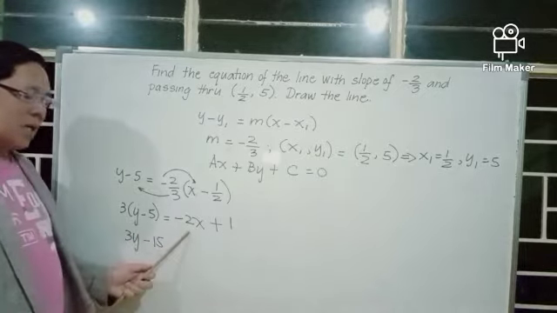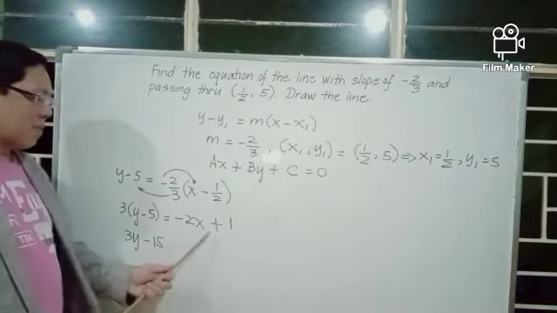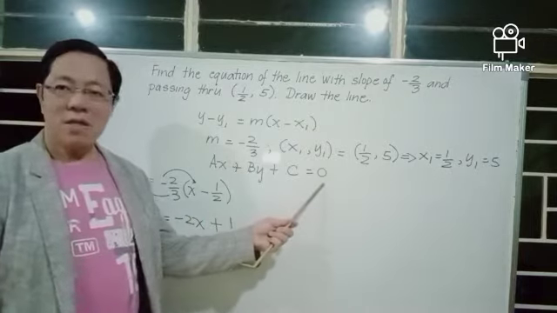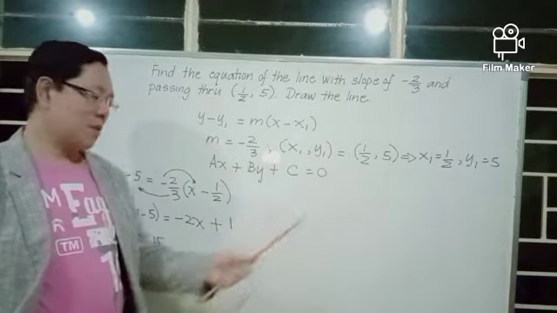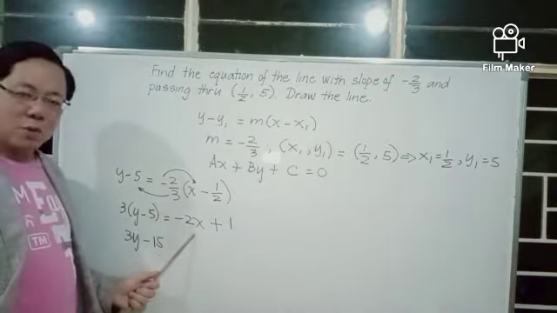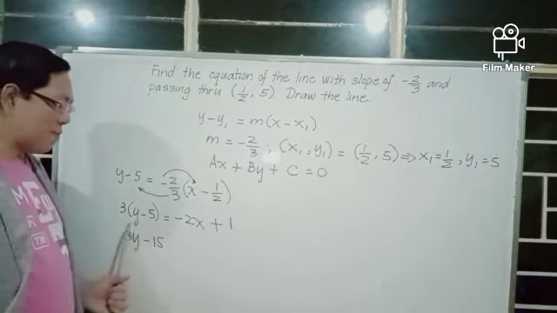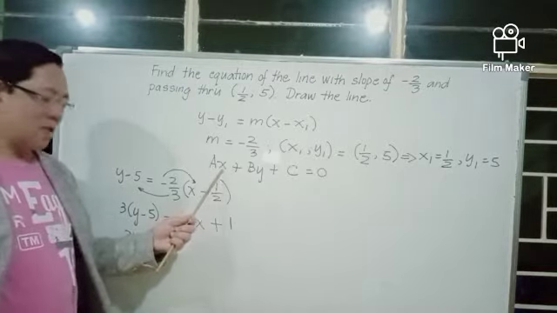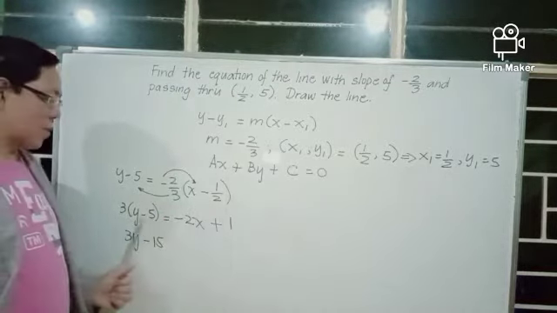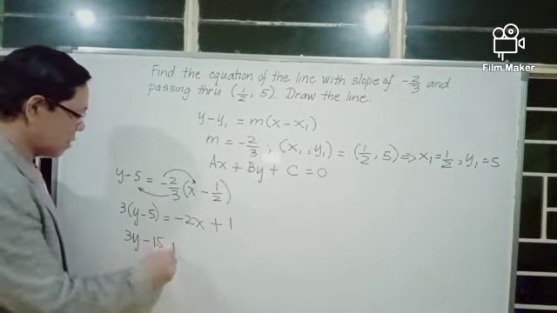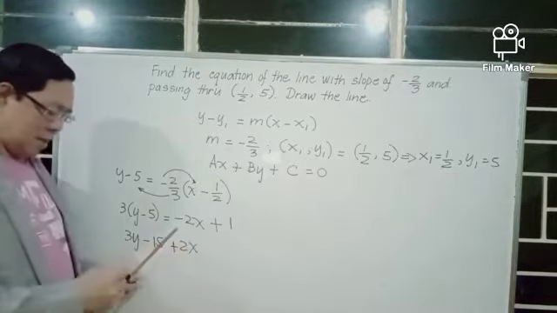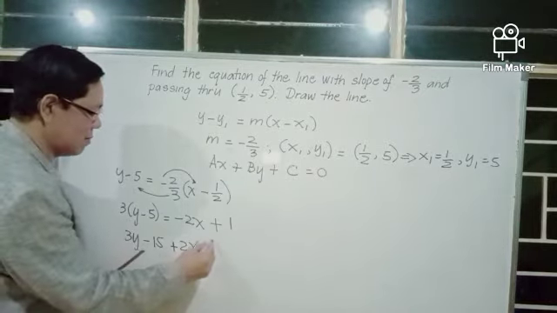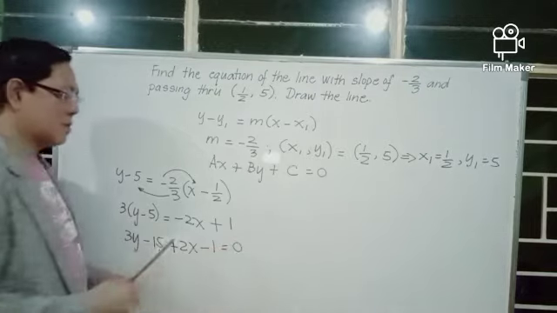And we transpose negative 2x to the left side and positive 1 to the left side, because in standard form, one side of the equation is 0. I chose to transpose negative 2x to the left so that the coefficient of x in standard form would be positive. So we get positive 2x, and transposing positive 1 we get negative 1, equals 0.